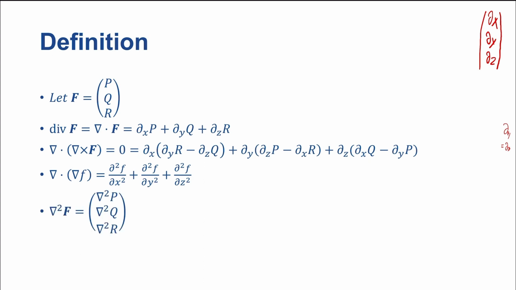Likewise, if I want to apply the nabla operator twice to the vector function, I will get a vector function again. Because I'm going from a vector function to a scalar function, then back to a vector function. So what ends up happening is I can rewrite that as the gradient squared of p, the gradient squared of q, and the gradient squared of r. Now, what's really interesting here is what this gradient squared means.